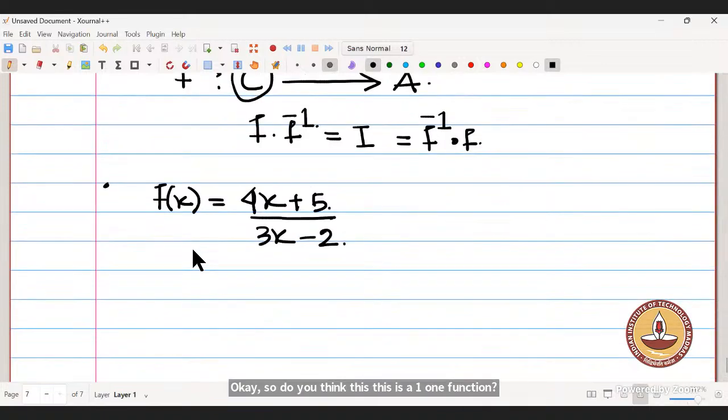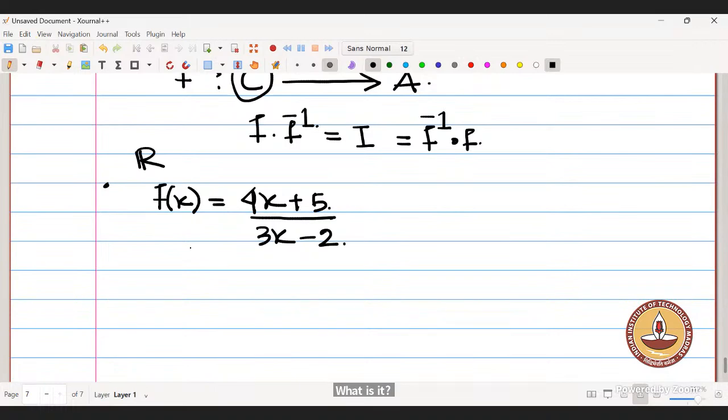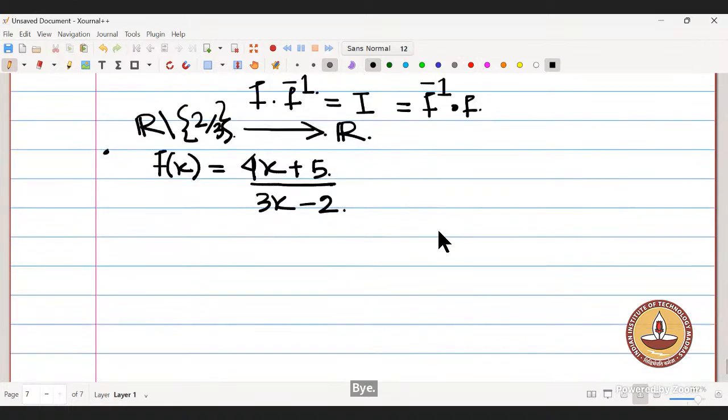First tell me, what is the domain of this function? Except 2 by 3, all real numbers. So this is the domain. And once I have this domain, my question is whether this is a 1-1 function.